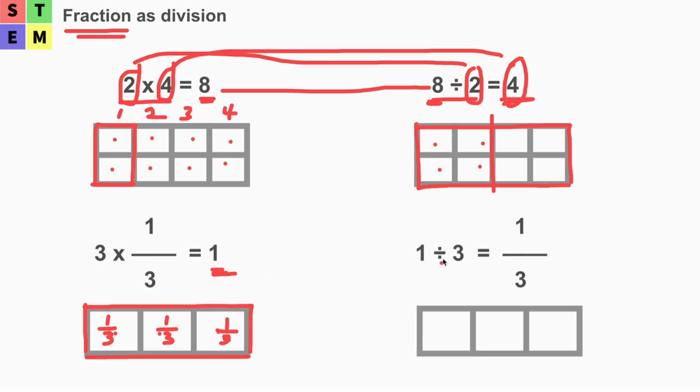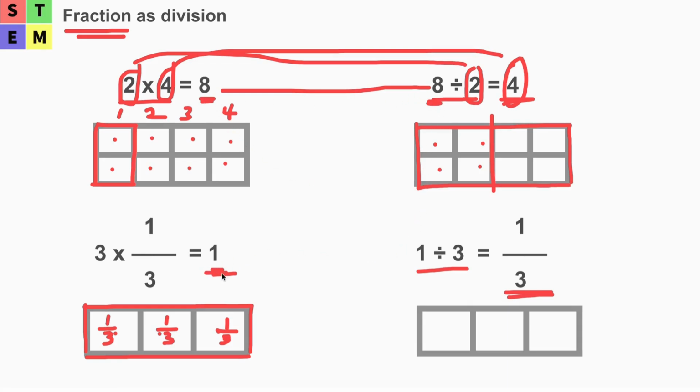So what I'm trying to do is calculate 1 divided by 3, and I already put the result here is 1 over 3. But how do we get it, right? One thing we can do is look at the example that we talked about above. We got 8 here, we got 8 here, right?